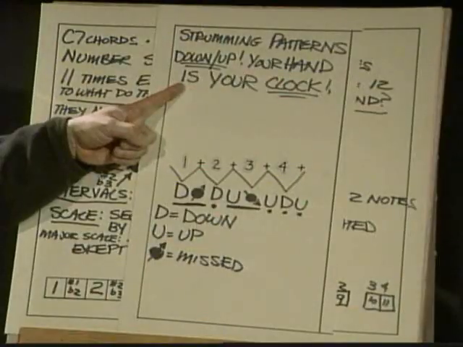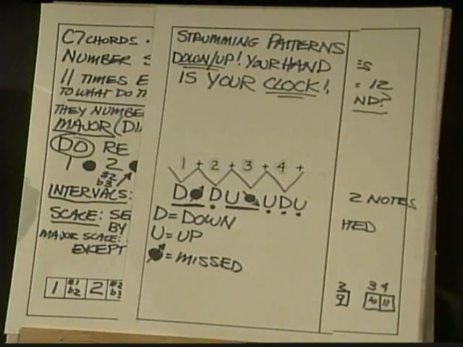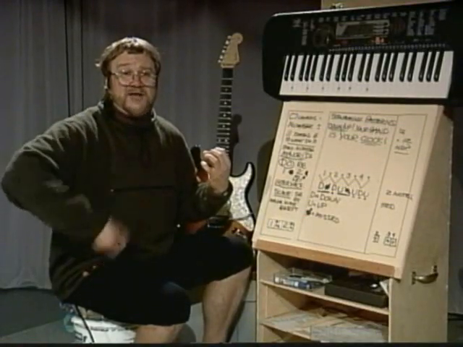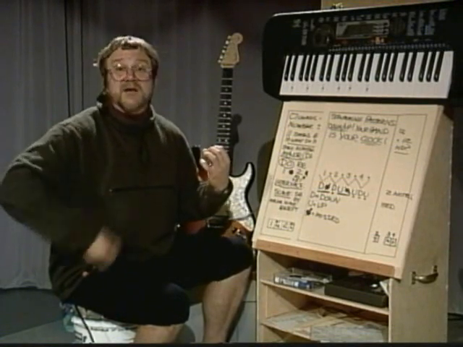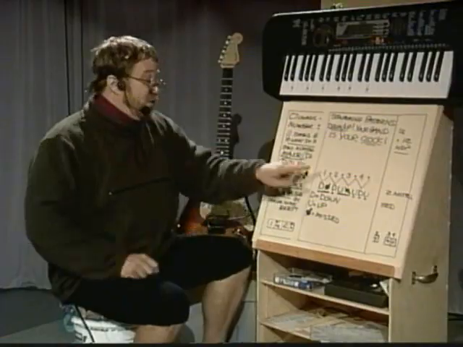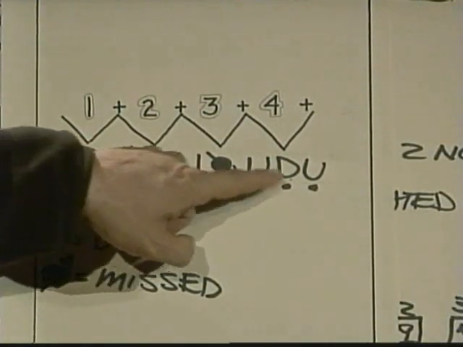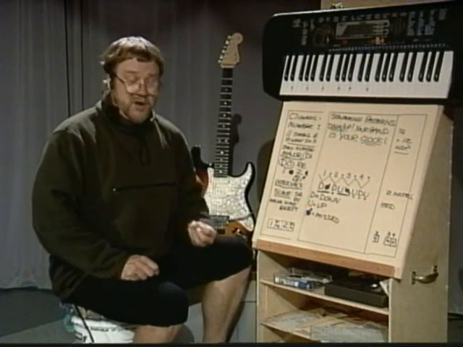Your hand is your clock, and you're going to find out most strumming patterns work with your hand just going back and forth like the pendulum of a clock. The thing is, you don't hit the strings with every stroke. So we get these strumming patterns like down, miss, up, down, up, which is one of the most common and basic strumming patterns. But every song that you look at, you kind of have to investigate the way the chord is strummed.